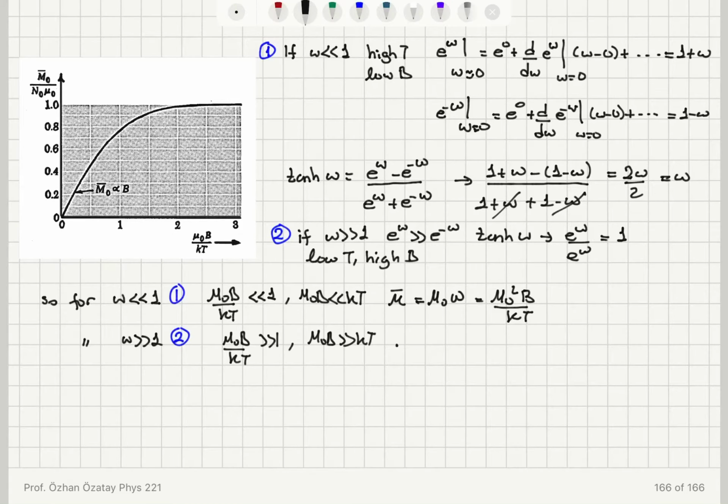So there I will have mu bar equal to mu 0 times tangent hyperbolic omega. Tangent hyperbolic omega is 1, so mu 0 times 1, it is mu 0. You can see that indeed as T goes to infinity for the first one, mu bar will go to 0.